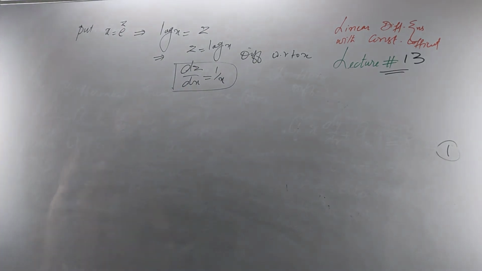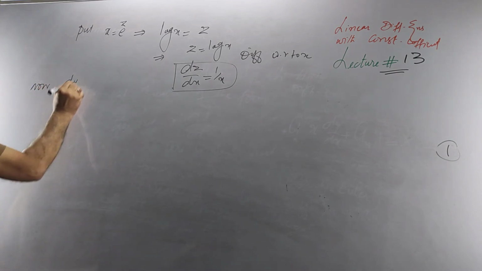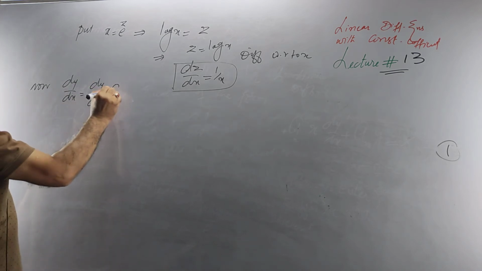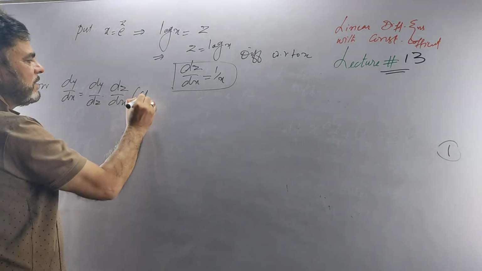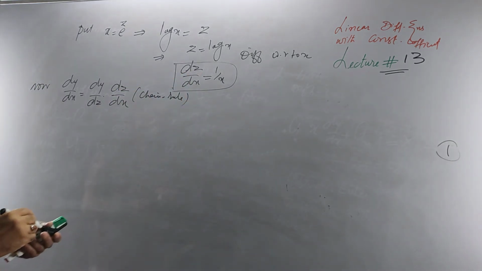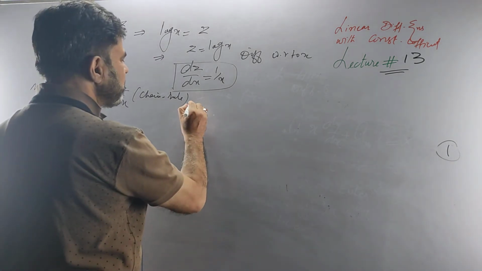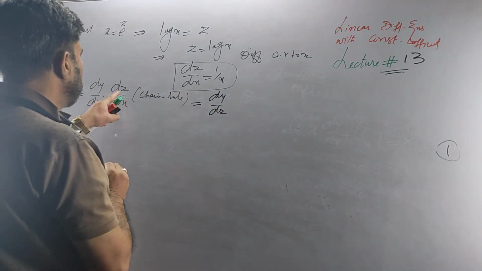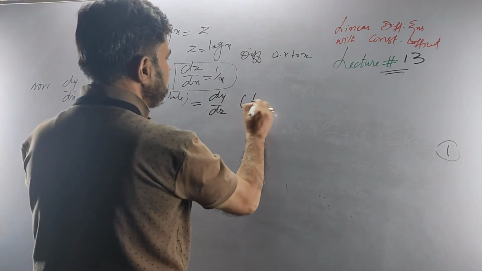Now I want to find dy/dx. I can write it as dy/dz times dz/dx. It is the chain rule, as you know. Why do I use this? Because I have involved z here, and I have dz/dx. So dy/dz times dz/dx, where dz/dx is 1/x.